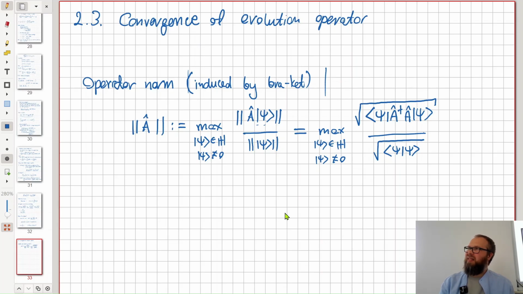So if an operator stretches uniformly, it has the same norm as an operator that stretches in just one direction and shrinks the others, like a projector. But still, it is very nice. It is a good basis.